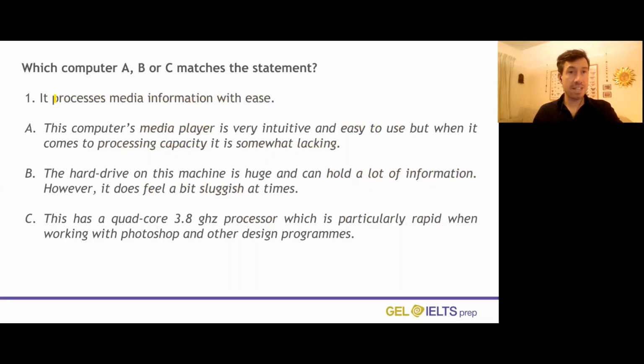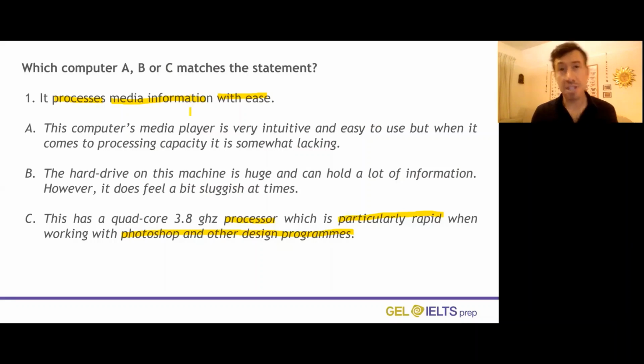We've got processes, processor here. We've got with ease, particularly rapid, and media information is Photoshop and other design programs. So we can see that C is the correct answer because it contains all of the information in that sentence.